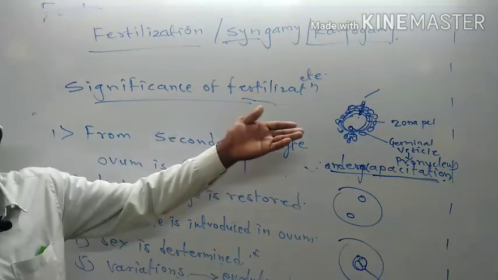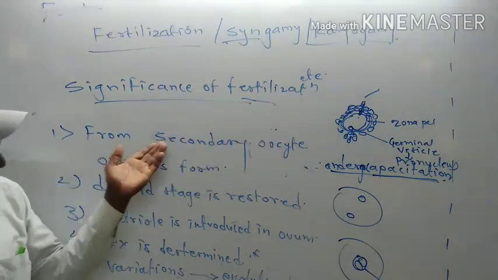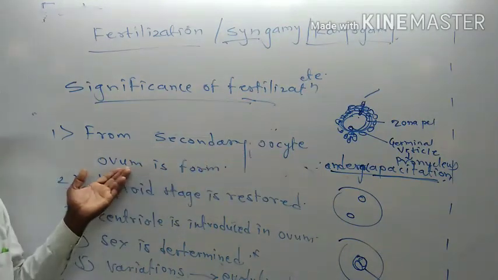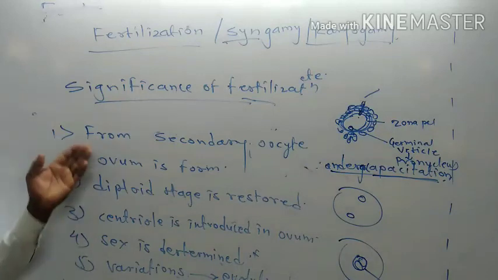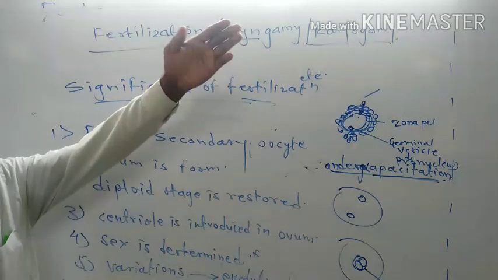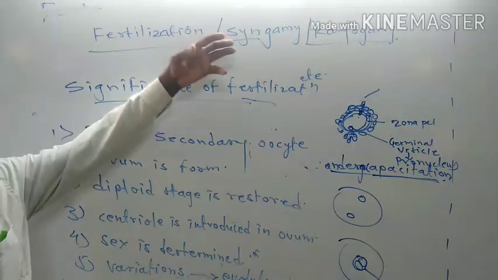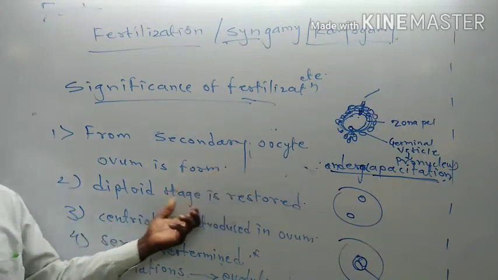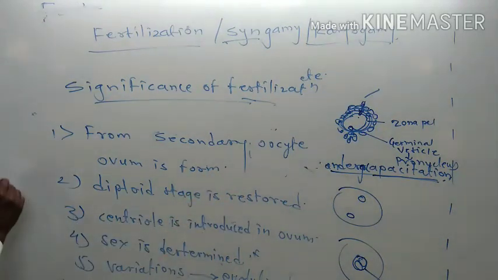By this completion the secondary oocyte forms the ovum. Then the diploid stage is restored. We know that both male and female gametes are haploid. These haploid ones unite and a diploid one is formed, and the diploid state, that is 2n or 46 chromosomes of a human, is maintained.